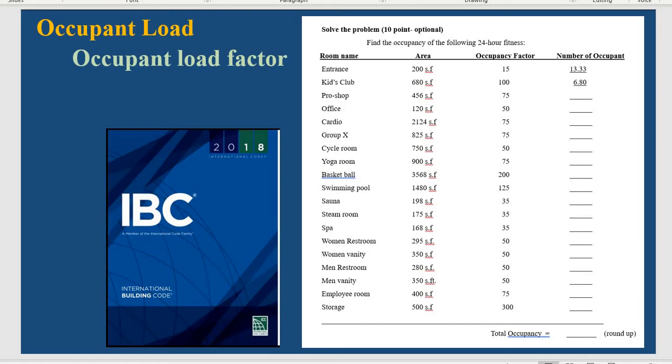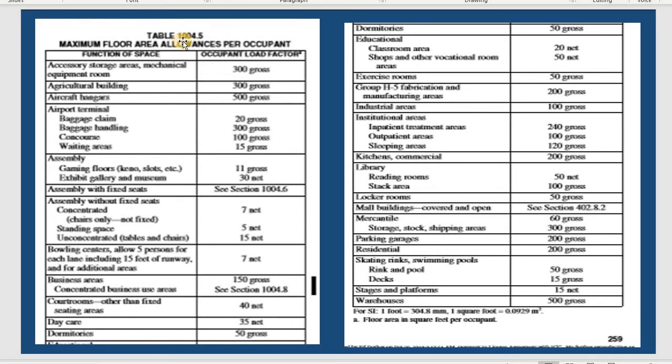Okay, so the table, if you go to this book, the International Building Code, you can look for Table 1004.5, and the title of the table is Maximum Floor Area Allowance per Occupant. That means for one occupant, how much floor area they need.